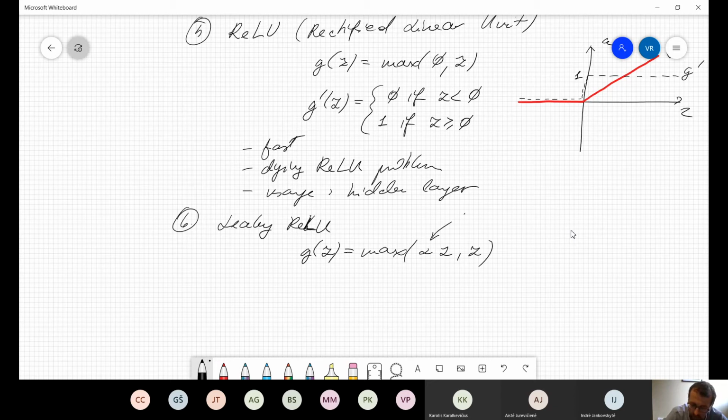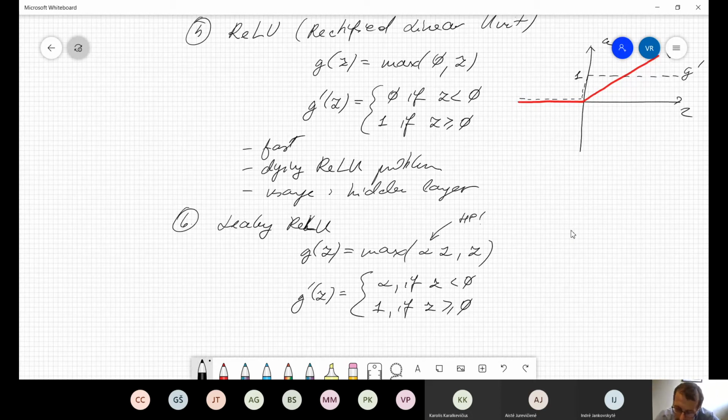This alpha is a hyperparameter you have to choose. The gradient becomes alpha if z is less than 0, or 1 if z is greater or equal to 0.